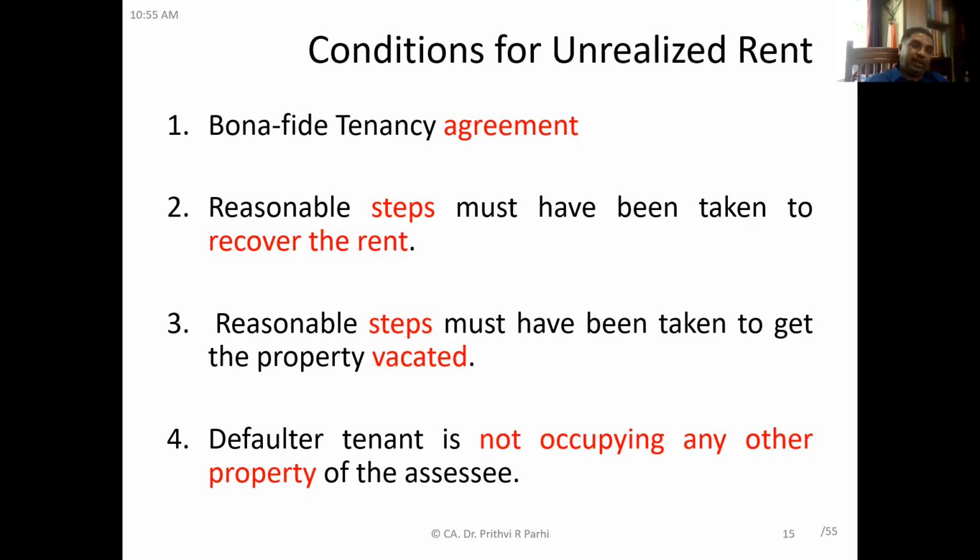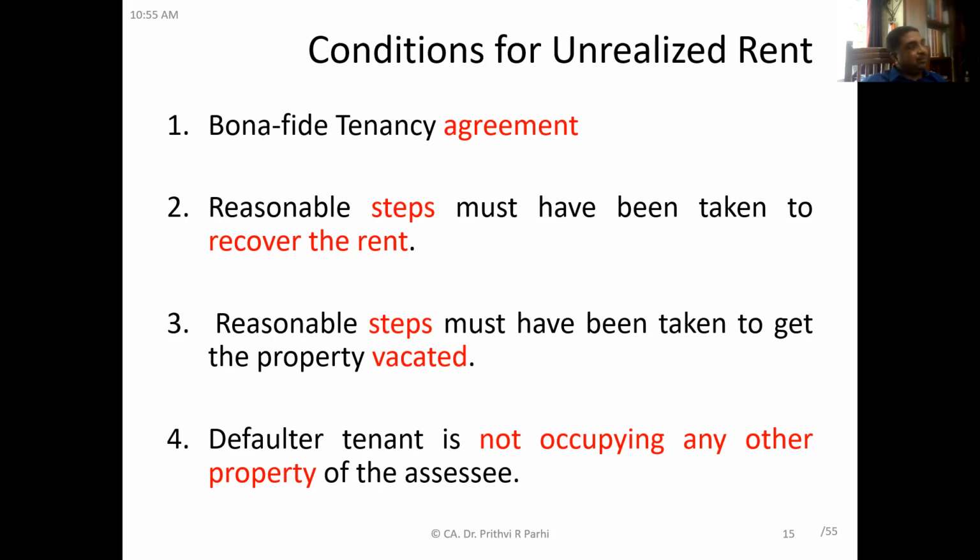Let us say the tenant is not paying. The owner should have taken some reasonable step to recover the rent. The owner might have given some notice. Third condition, reasonable steps must have been taken to get the property vacated. The owner might have given them notice to vacate the property since they are not paying rent. Then fourth, the defaulting tenant is not occupying any other property of the assessee.